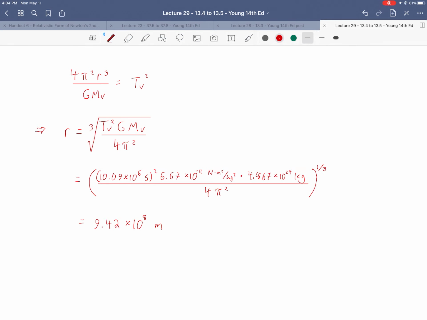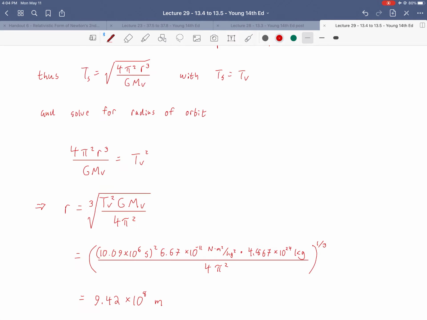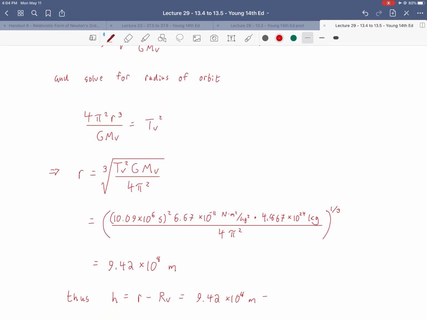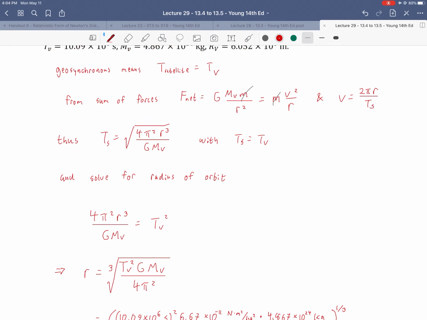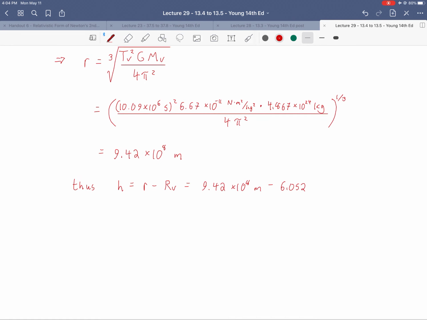So we can say, thus, the height above the surface of Venus is going to be r minus r_V. Let's do that. I'll take my 9.42 times 10 to the 8 meters, and subtract out the radius of Venus, 6.052 times 10 to the 6.